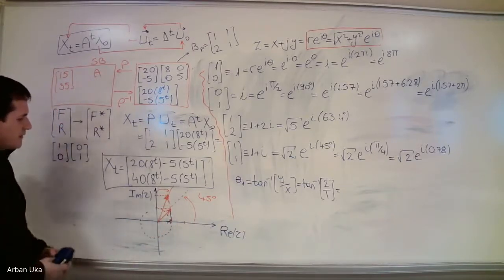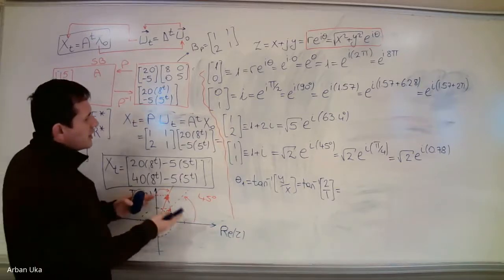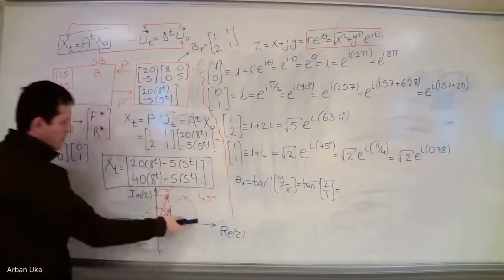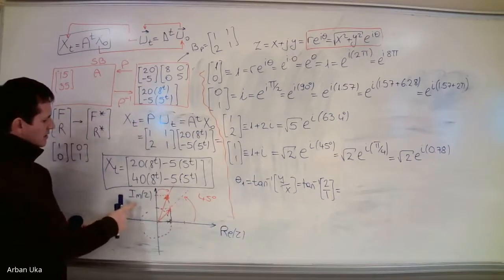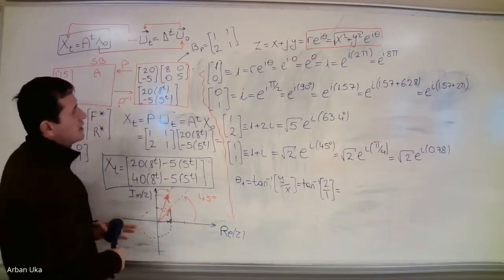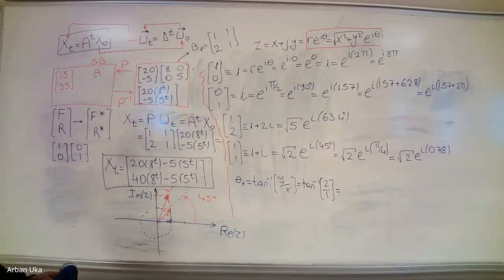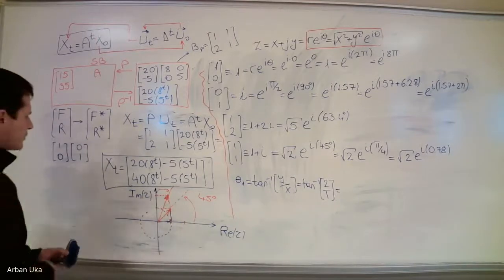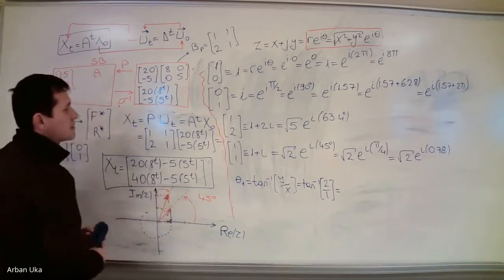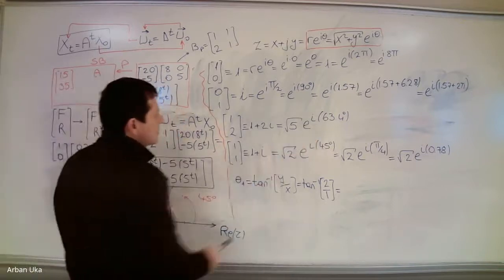It looks like the x-axis rotated by an angle of 45 degrees. And the z-axis rotated clockwise by an angle of 27.6, because we do 90 minus this number.